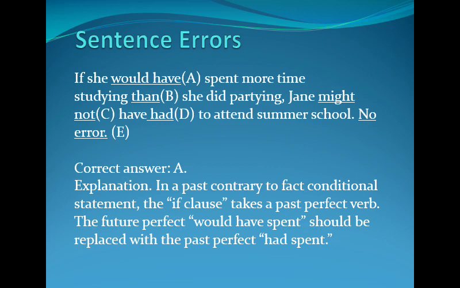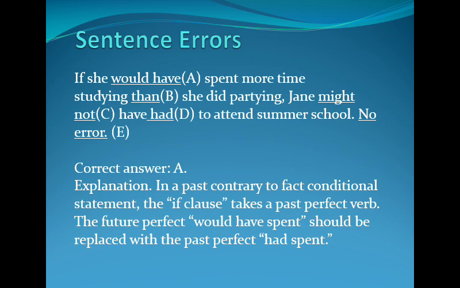If she would have spent more time studying than she did partying, Jane might not have had to attend summer school. So again it says that the answer is A, because this is a conditional statement. Any conditional statement takes only a past perfect verb. So the problem over here is again A, that is would have is used over there, which is not a past perfect form.